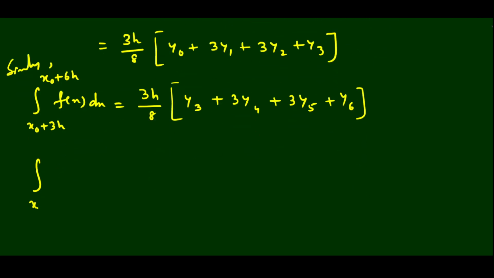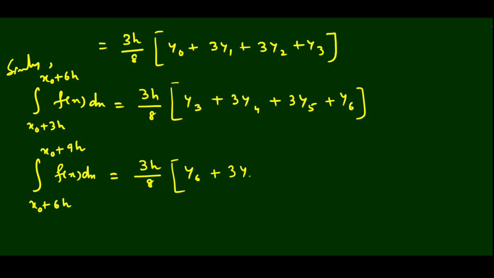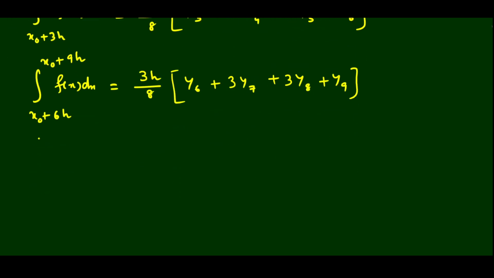So suppose x0 plus 6h to x0 plus 9h f of x dx. Since we will put n equal to 3, there will be 3 difference in each integral. So 3h/8. It will start from y6. Then next will be 3y7, then 3y8, and the last term will be y9. Okay. So in the same way, what will be the last integral?